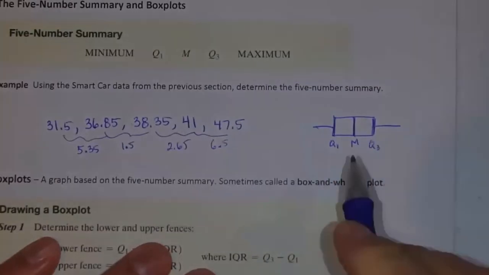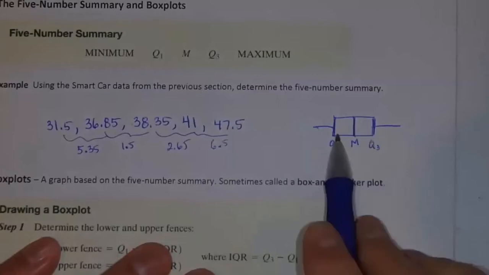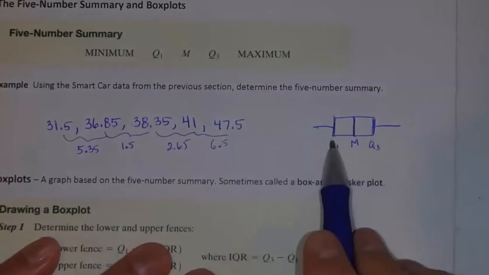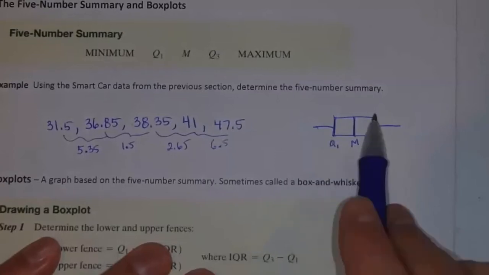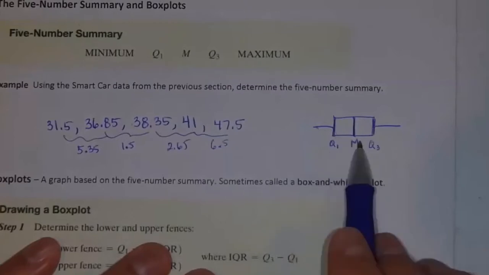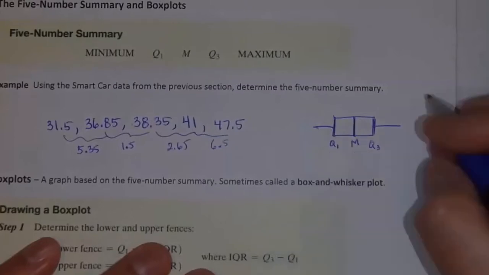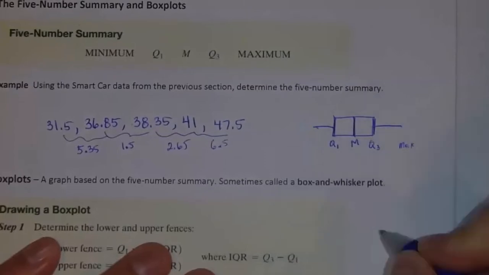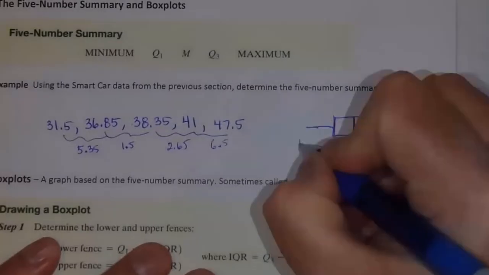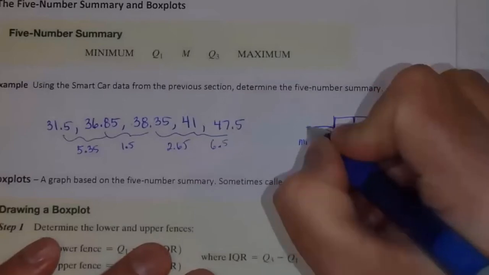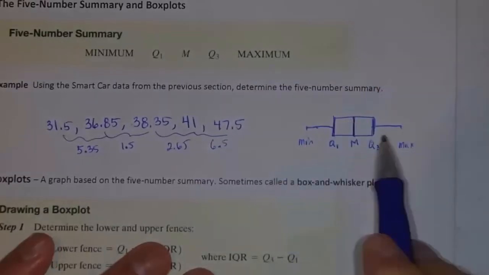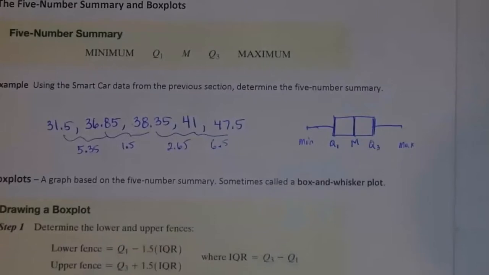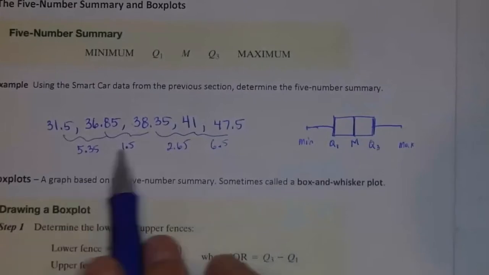So the box itself is showing me the area from the first quartile to the third quartile. So that's really representing the interquartile range. And then the whisker extends over to the largest data value, and this whisker extends over to the smallest data value. And so again, that's giving us a visual representation of this 5-number summary.